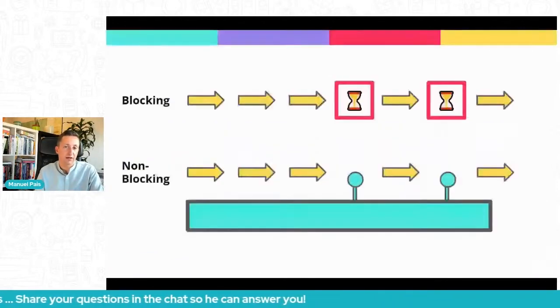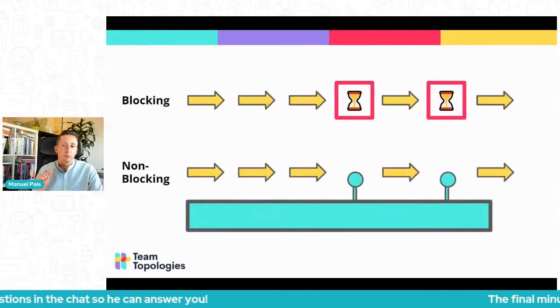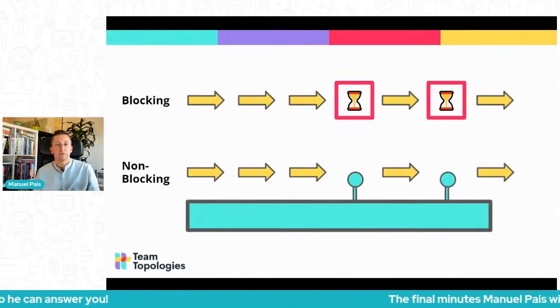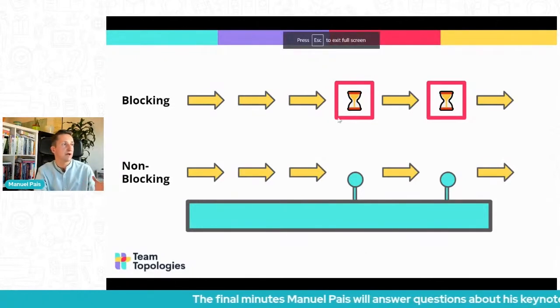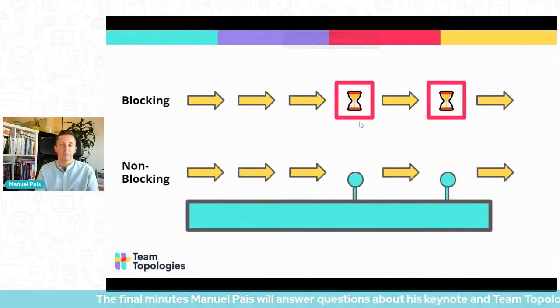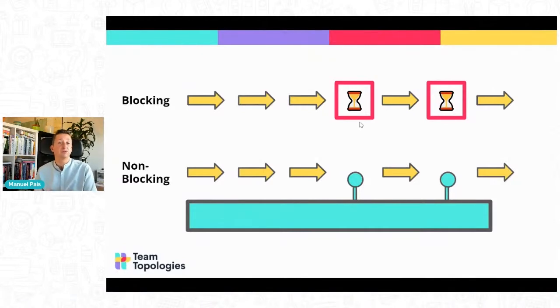What I mean is that often a team is trying to deliver some change, some value, and we have a wait time where we have to wait for another team to execute some work for us. That's where we are blocked. And the fact that we might start working on another change doesn't prevent the fact that we're blocked on the first change. We want to move away from that to achieve faster flow.